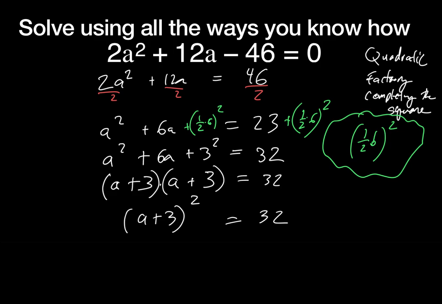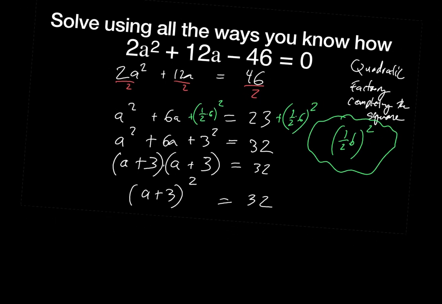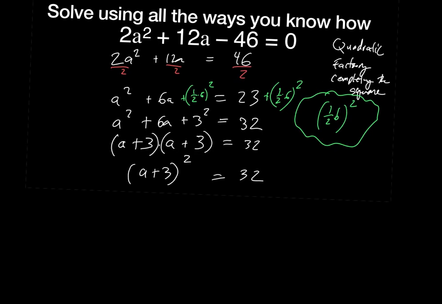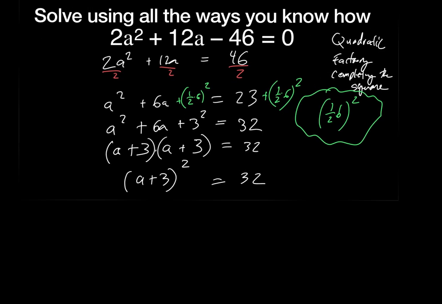Then I start figuring out, how do I solve for a? In order to solve for a, I need to eliminate the square. The inverse of squaring is square rooting.